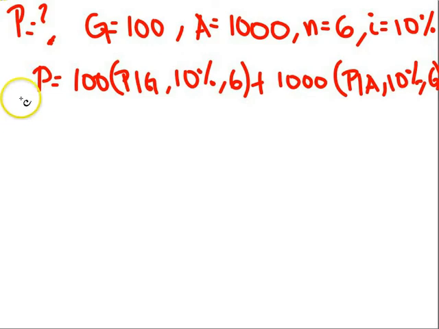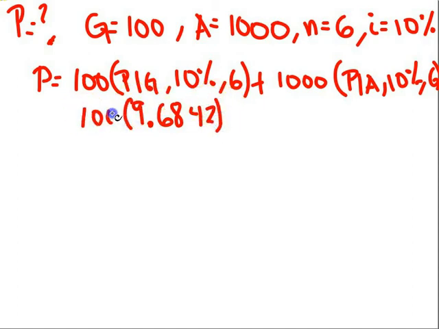Okay, so all we need to do is plug in these values for 10% and 6 in the formulas that we have for P given G, and the number that we would come up with would be 9.6842. Please check it using your own calculator. That's very important for you to practice.